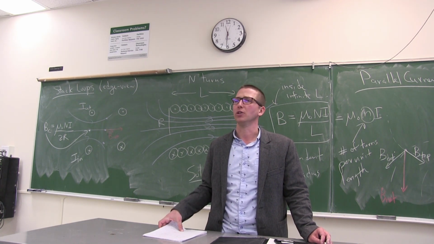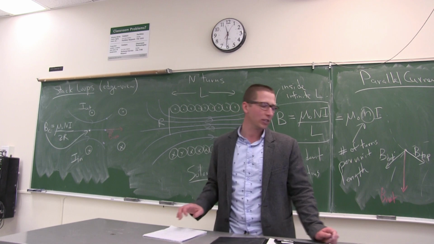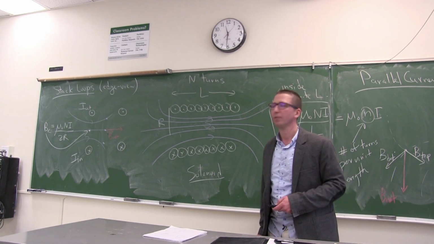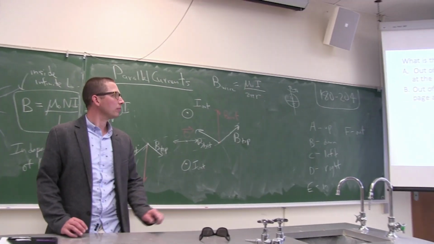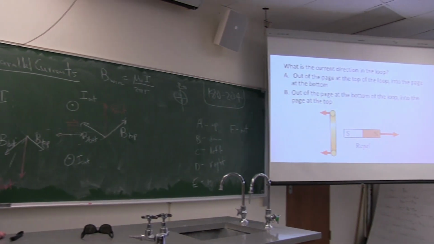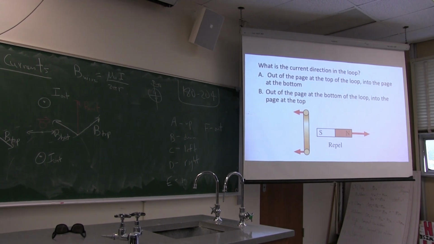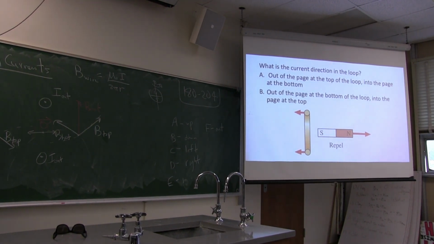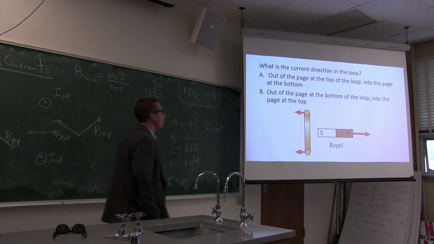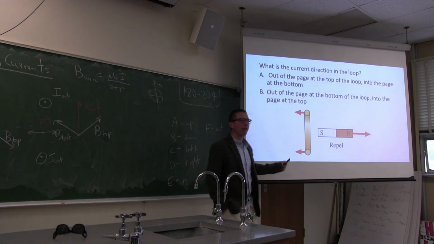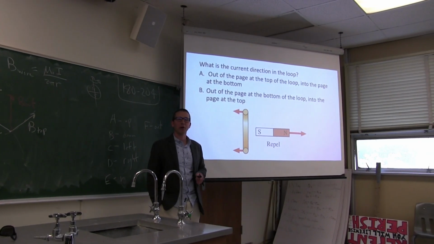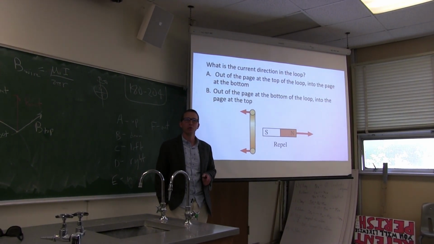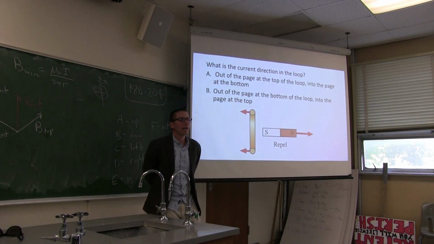Good, any other questions? Okay, so let's look at another example here, and take out your voting cards. Imagine I take a current loop and I put it right next to a bar magnet. Now, they repel each other. So I want you to tell me what direction the current is flowing through that loop. Think quietly for a moment.